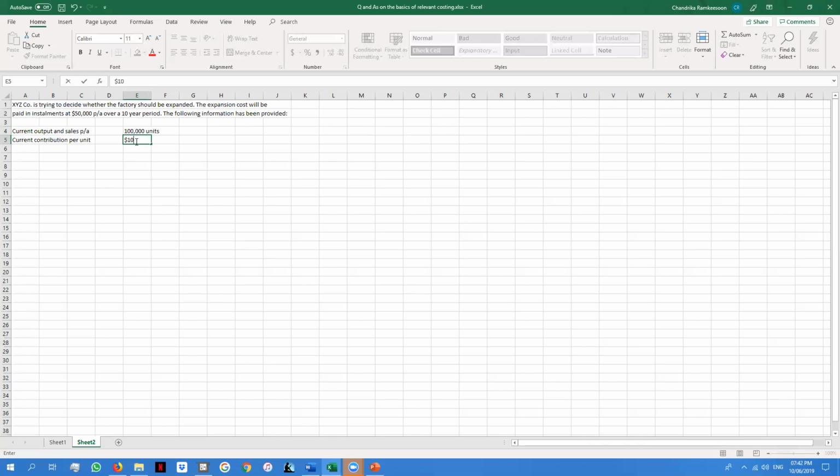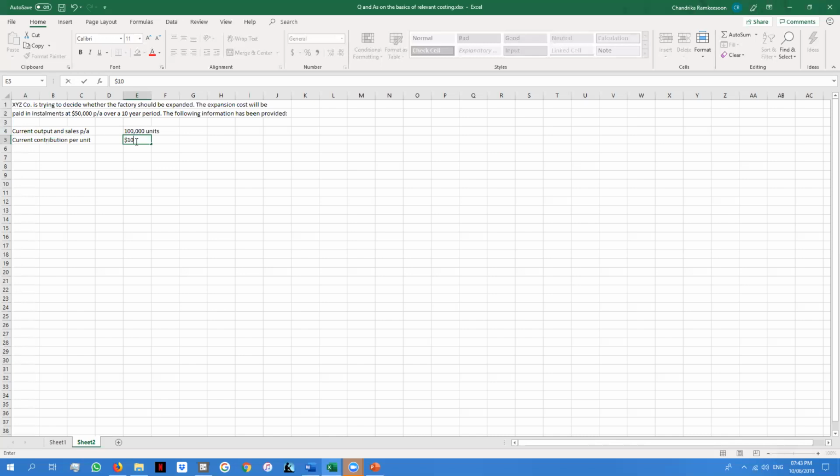So variable costs are normally considered to be relevant costs. Of course, the selling price of a future unit is also a relevant revenue, because if the company decides to sell one more unit, the additional revenue will be received. If the company sells one less unit, the revenue would be lost. Fixed costs, on the other hand, and again, at the risk of repeating myself, this will all be explained further on the handout.